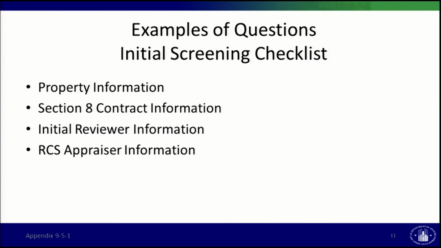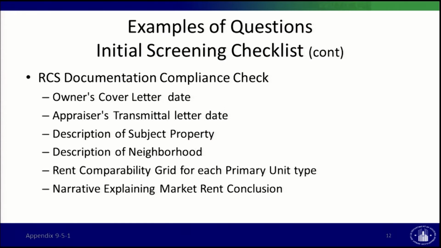Some of the questions that you're going to be asking include, did the owner sign, date, and submit a cover letter? The cover letter is very important. Did the appraiser sign, date, and submit their transmittal letter? Is there a description of the subject property?